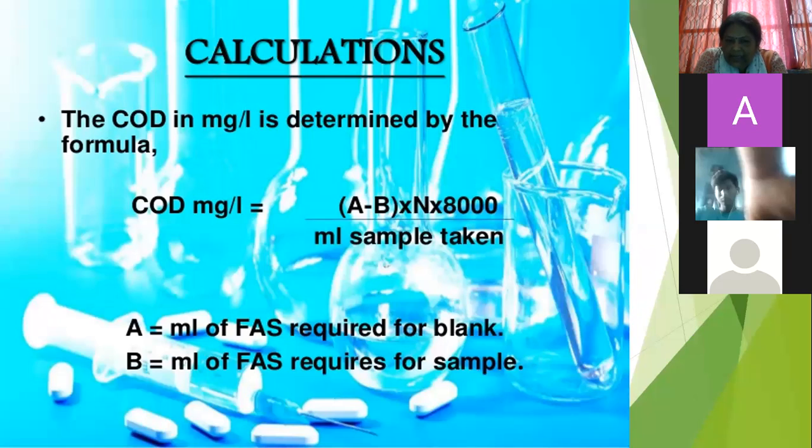Sometimes we write N, sometimes we write Z. In some books you may get it as Z, and this A minus B you may get as X minus Y, but the things are the same. Always remember that A is greater than B. Always A is greater than B, so that the COD value will not come out negative.